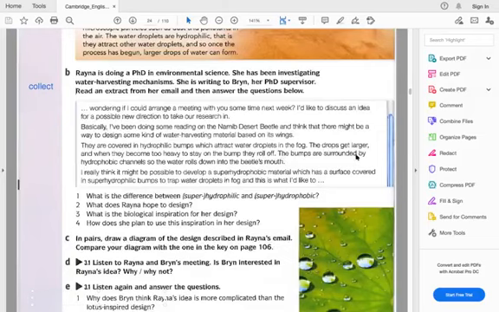The pumps are surrounded by hydrophobic channels. What is the meaning of hydrophobic? Hydrophobic means a material that repels water. It's the opposite of hydrophilic.